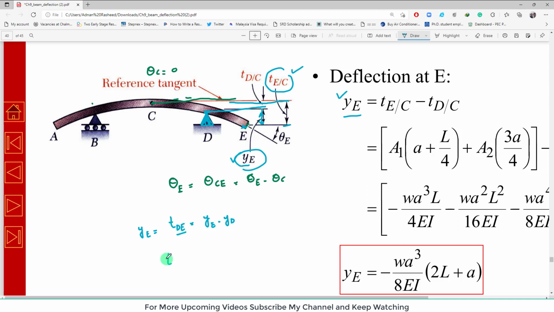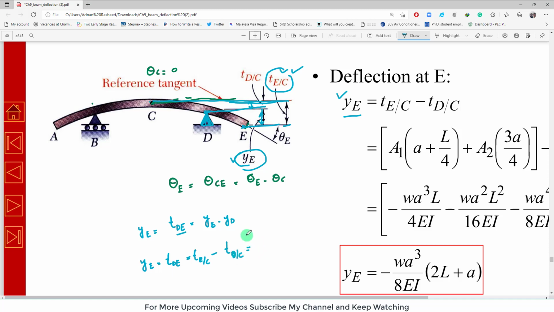Now this TDE is equal to YE, which will be equal to this maximum deflection, which is TEC, minus the deflection of this distance from C to D, TDC.